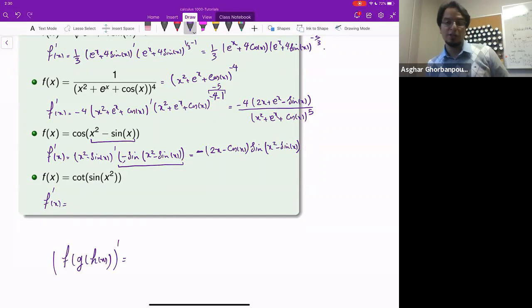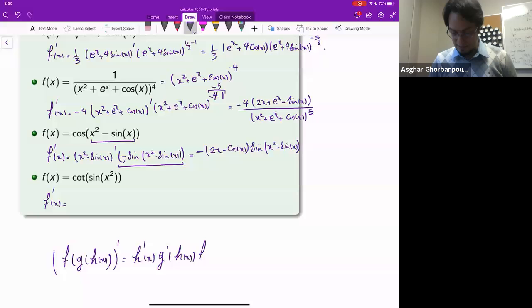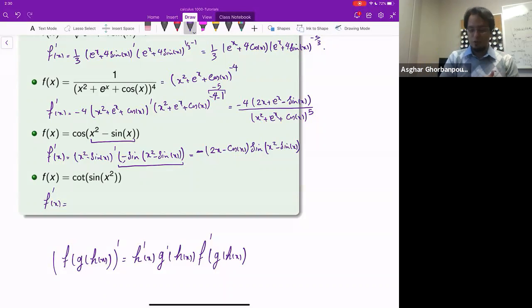If you apply the chain rule twice, you notice that this will be the derivative of the very inner one, times the derivative of the second inner one evaluated at the very inner one, times the derivative of the outer one evaluated at the two inner values. You see, it's like a chain. You're getting one by one from inside toward outside. You differentiate the inner one, then the second inner one, the third inner one, and so on.